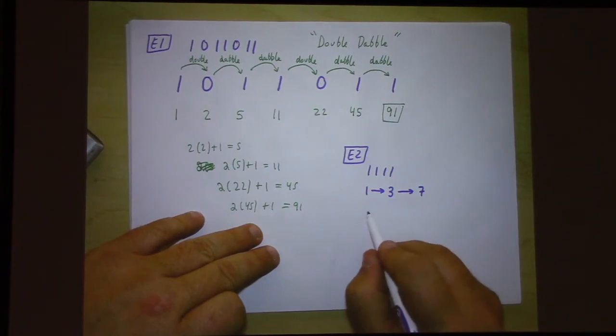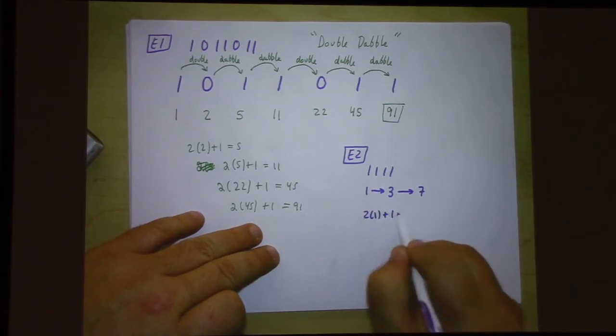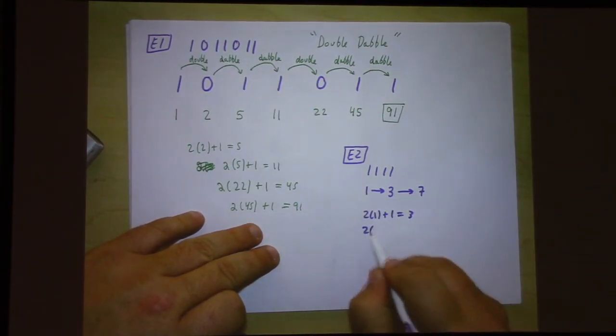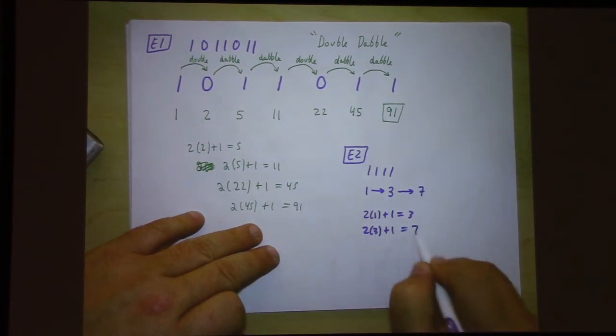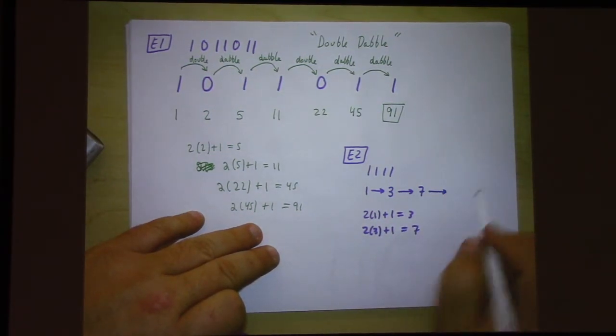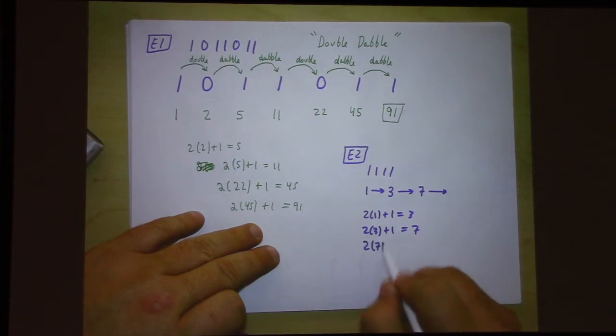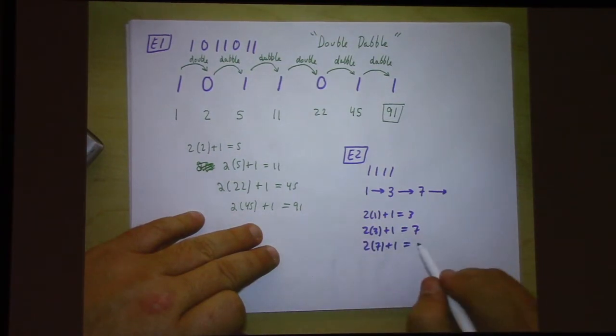So 2 times 1 plus 1 is 3. 2 times 3 plus 1 is 7. And then dabble again. 2 times 7 plus 1 is 14 plus 1 is 15.